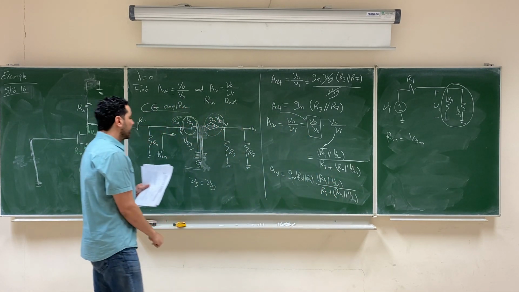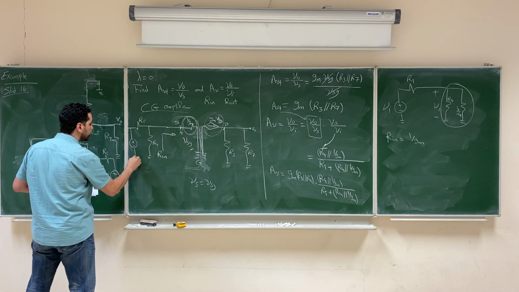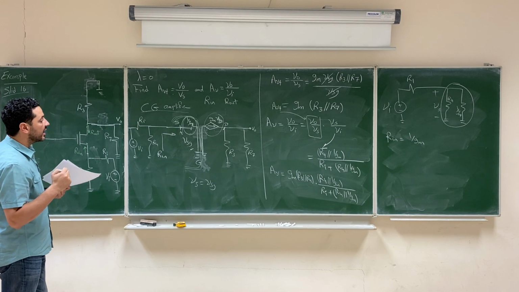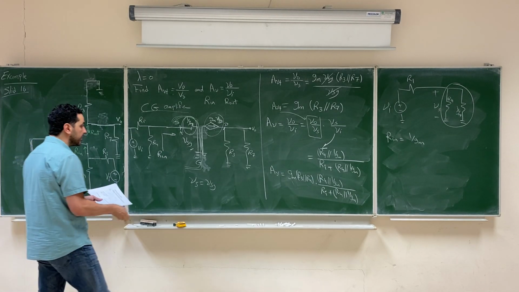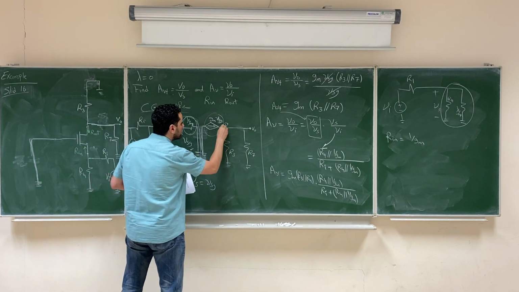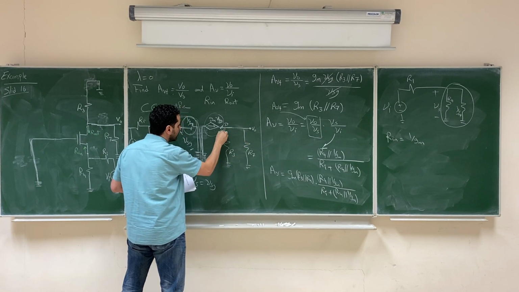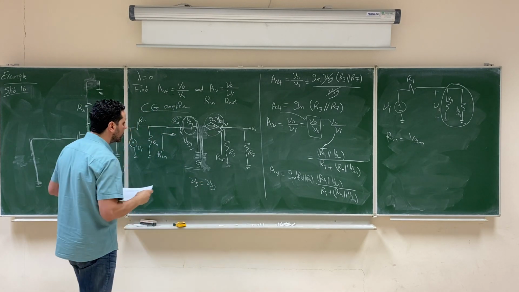We have a resistance here Ri and then a source Vi. We need to calculate R output looking directly at the drain. So here, this is the drain. The drain was connected to other resistors. So we need to calculate R output looking from here.